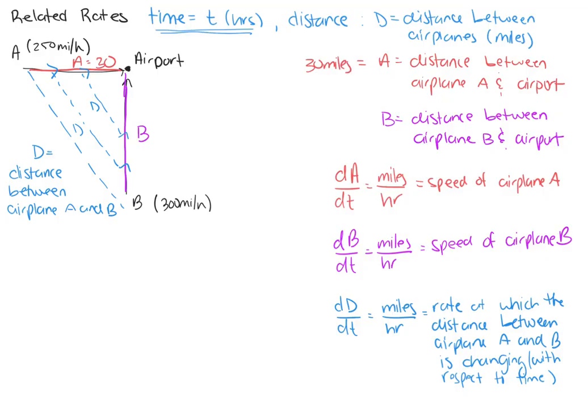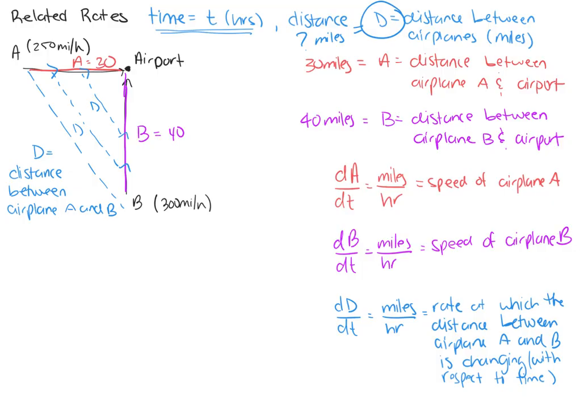And airplane B, we know the distance of B is 40 miles from the airport. So there are two things we don't know. We don't know what the distance D is in miles, the distance between the two airplanes as they're getting closer to the airport.